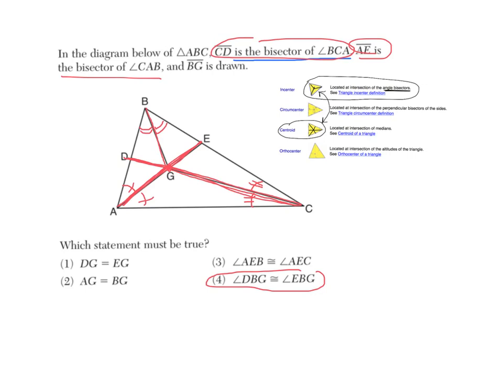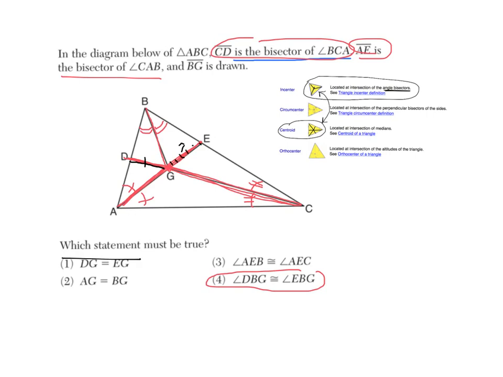If you looked at the other choices, are there any other choices that look tempting just by looks alone? Do you think that DG is exactly the same as EG? Well, I put a little question mark there. In this particular case, I believe that DG looks much smaller than EG.